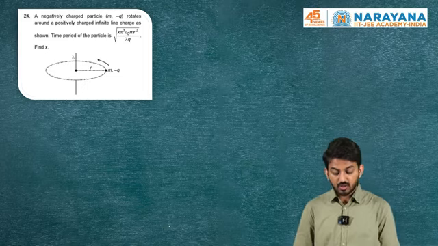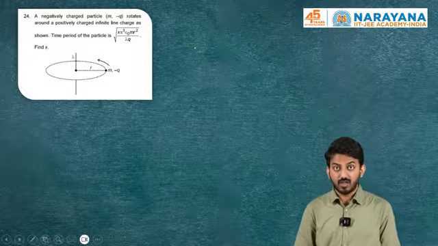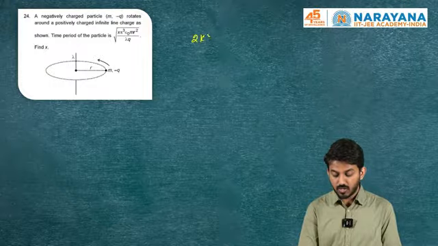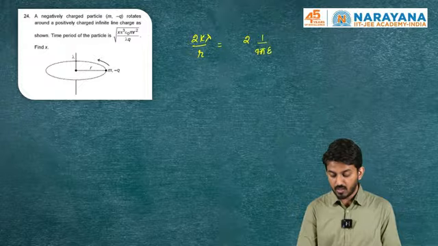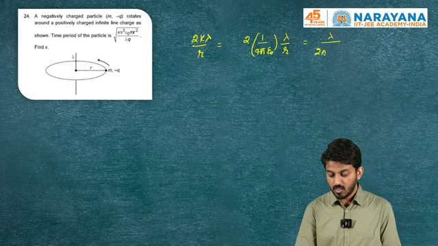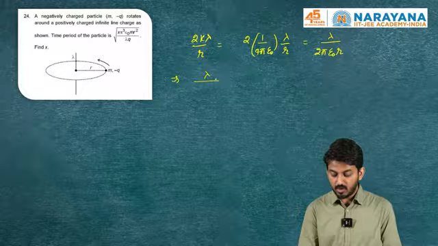Next question here. So electron here we have, and we have a line charge if you see. Now, electric field due to a line charge is going to be 2k lambda by r, which is equal to 2k, where k is 1 over 4 pi epsilon naught, lambda by r, and this value comes out to be lambda over 2 pi epsilon naught r.